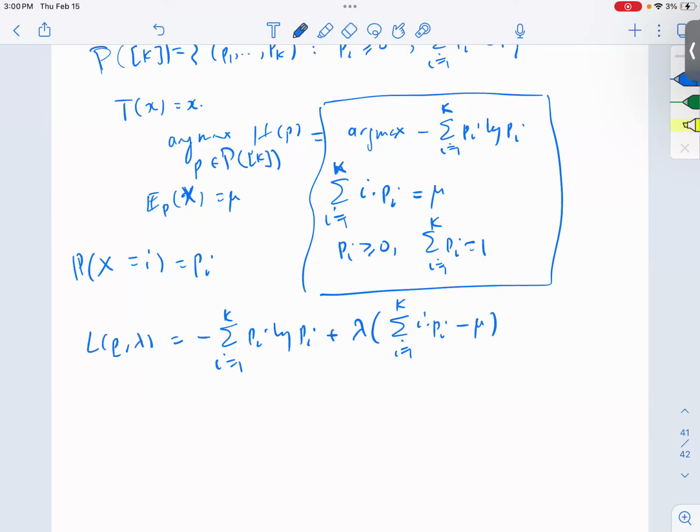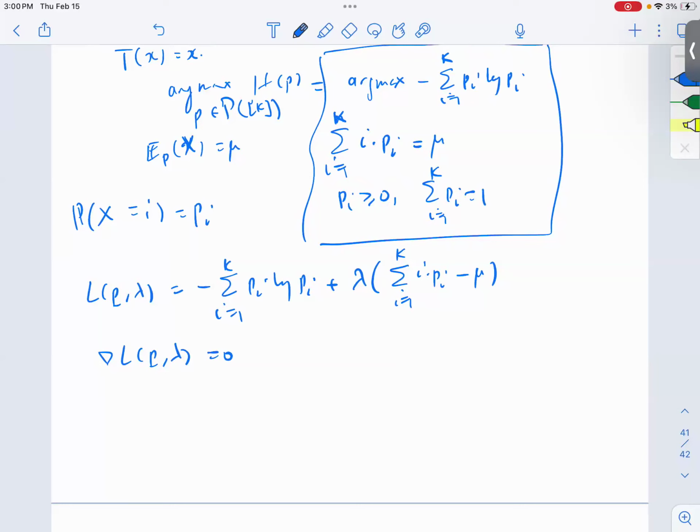So the Lagrangian is a function of P and lambda. Let's ignore the other constraints for now. If I have a solution, then it has to minimize this for some lambda, and you take the gradient and set it equal to 0. So the partial with respect to Pj of L(P, lambda) has to be 0.